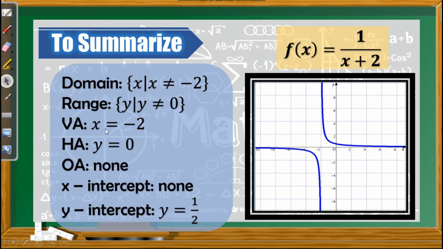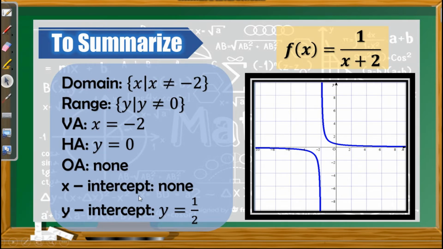For the vertical asymptote, x equals -2, by equating the denominator to 0. For the horizontal asymptote, since the degree of the denominator is greater than the numerator, we follow the first case, which states that if n is less than m, the horizontal asymptote is y equals 0. And as for the oblique asymptote, since we have a horizontal asymptote, there is no oblique asymptote.